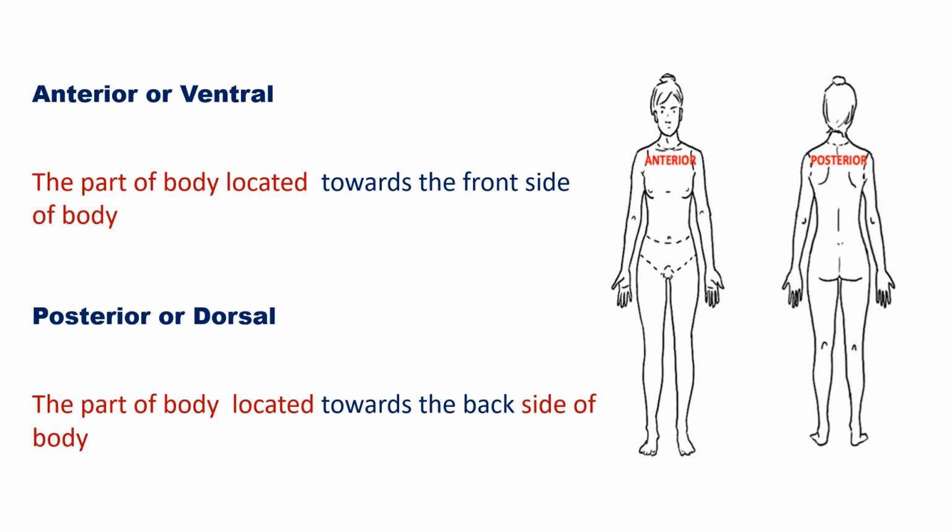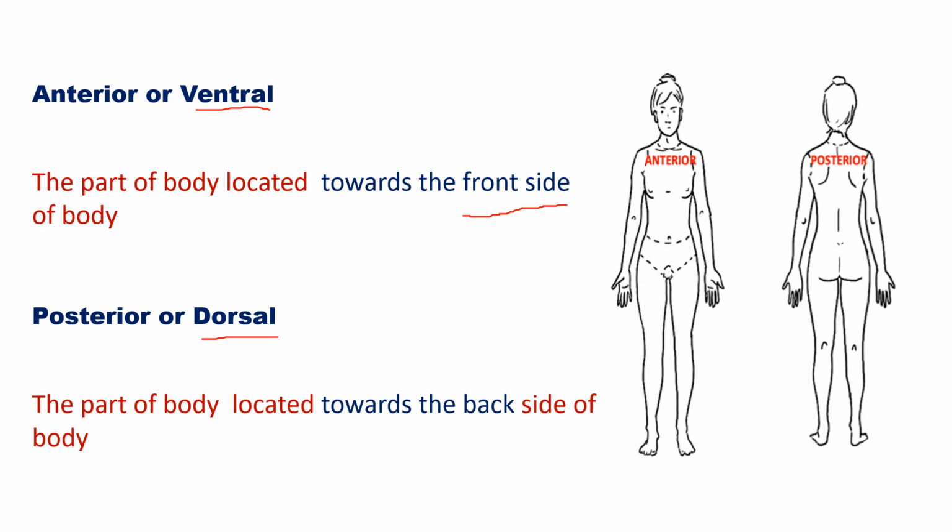There are various anatomical directional terms. The first terms are anterior and posterior. Anterior has another name, which is ventral, and posterior is also known as dorsal. So what is the anterior term? When a body part or any anatomical structure is present towards the front side of the body, then it is anterior or ventral.